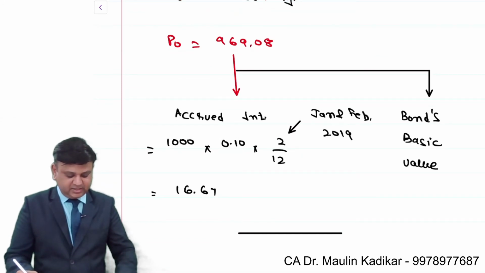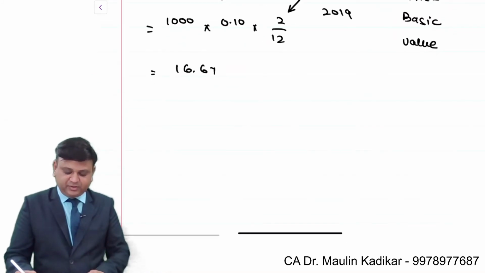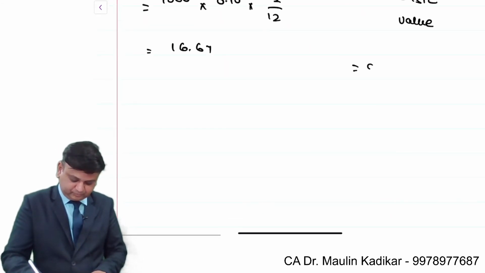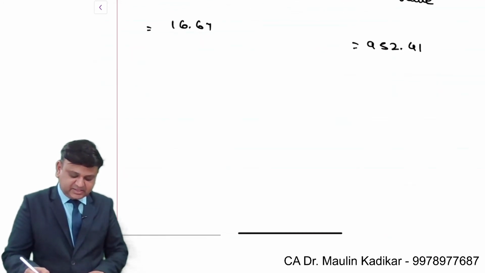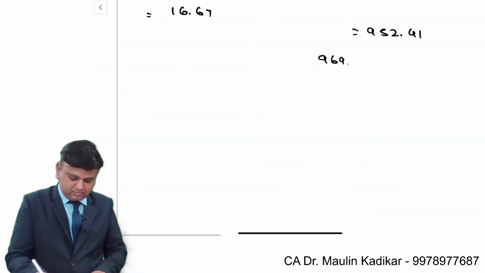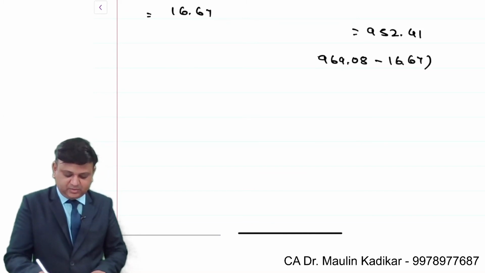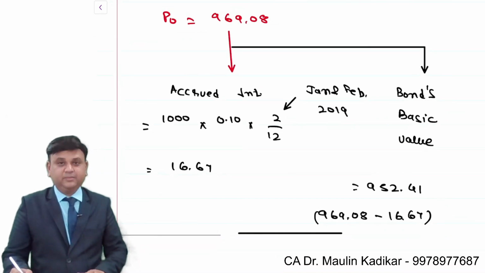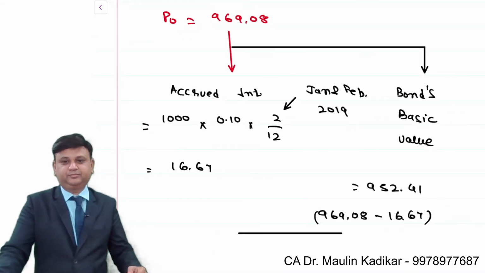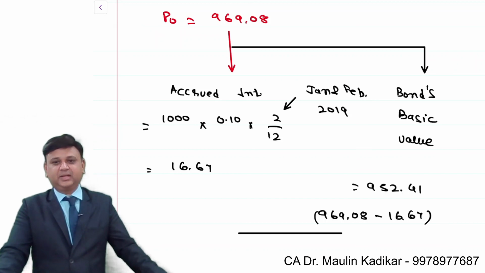So 969.08 minus 16.67. So 952.41. That is 969.08 minus 16.67. Please write down answer. Thank you all of you.